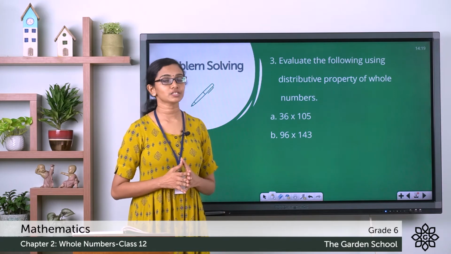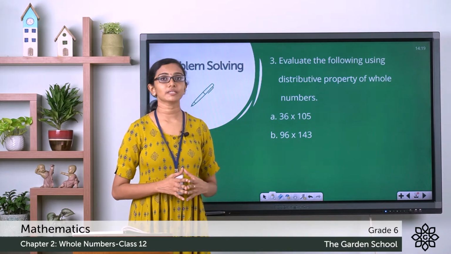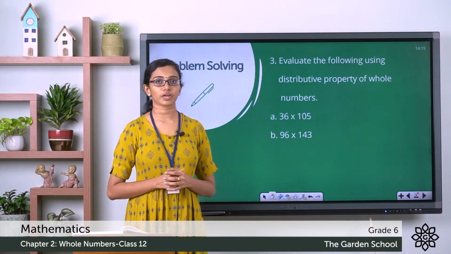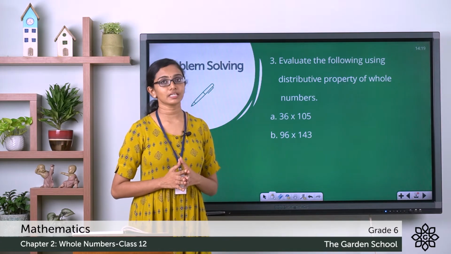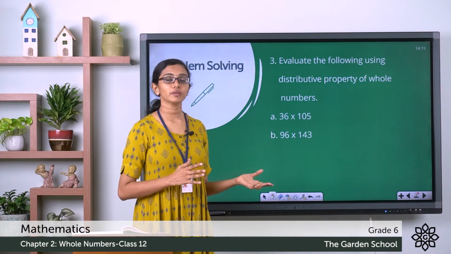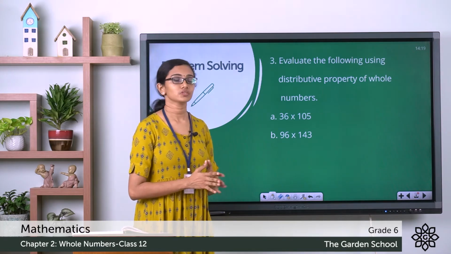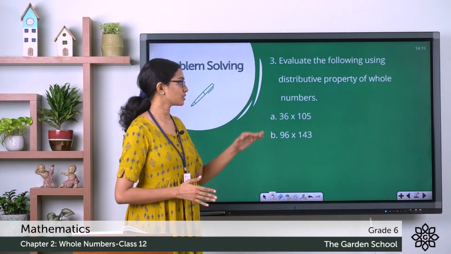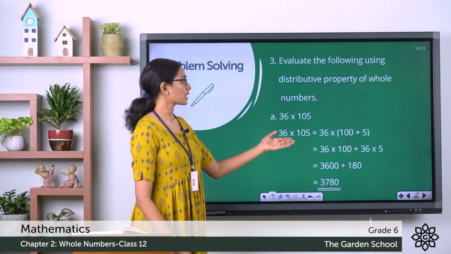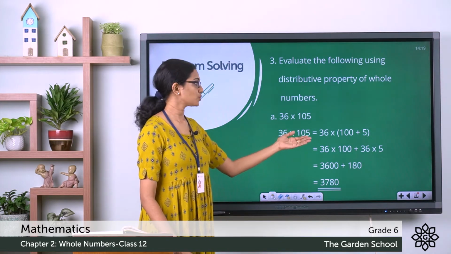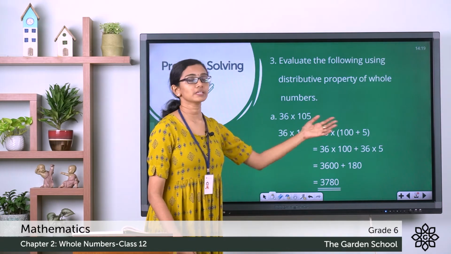Now we have learned the distributive property of multiplication over addition and subtraction. According to that property, A into B plus C is equal to A into B plus A into C. So let's apply that formula to the first question. This is 36 into 105. It is equal to 36 into 100 plus 5.